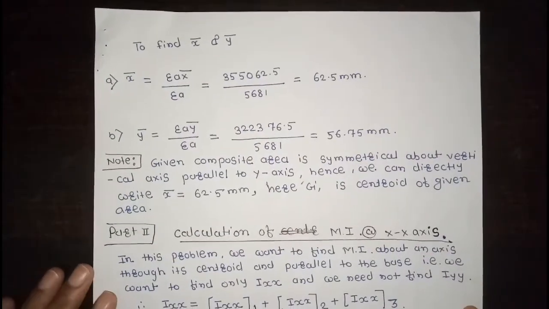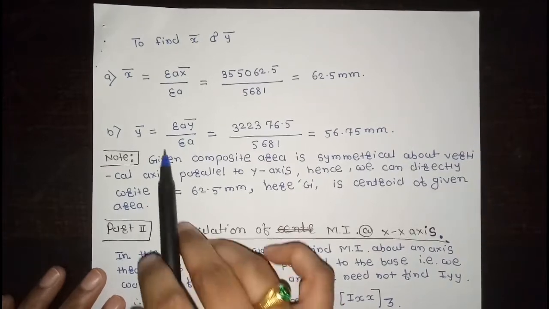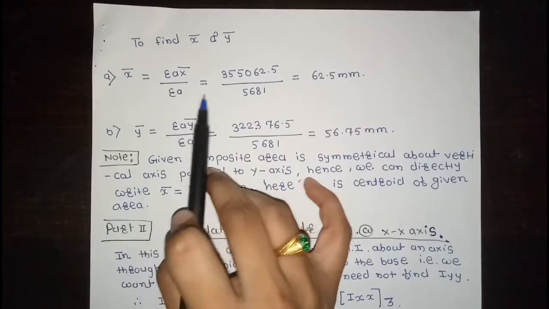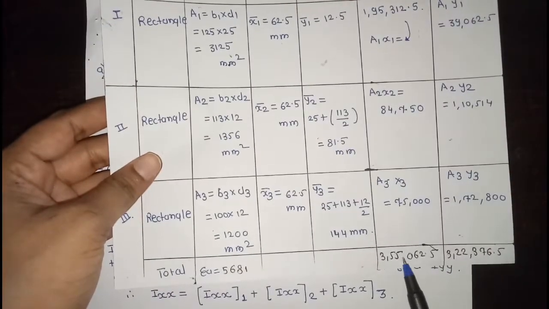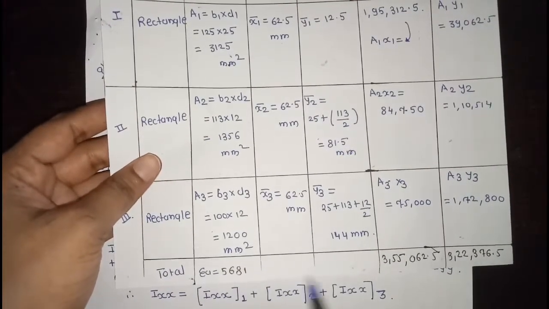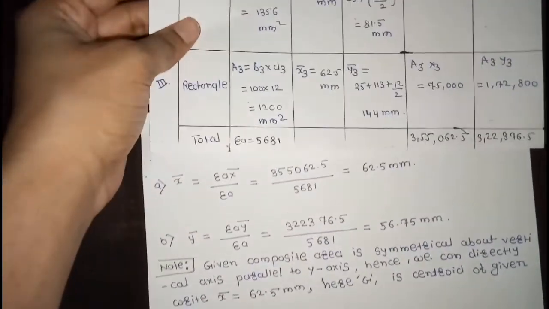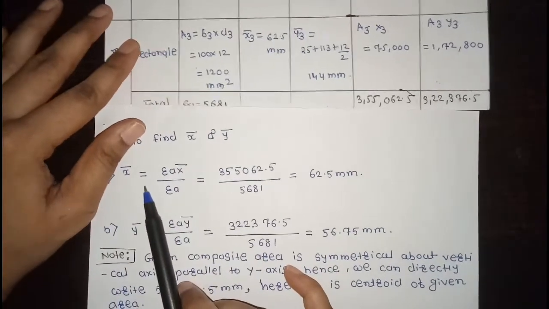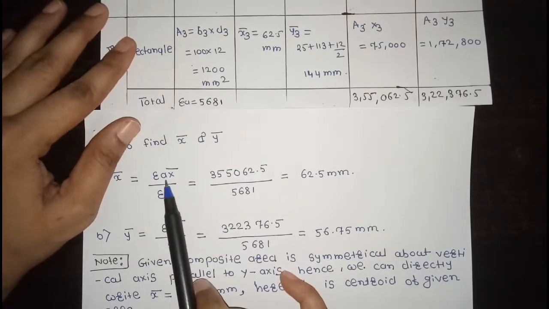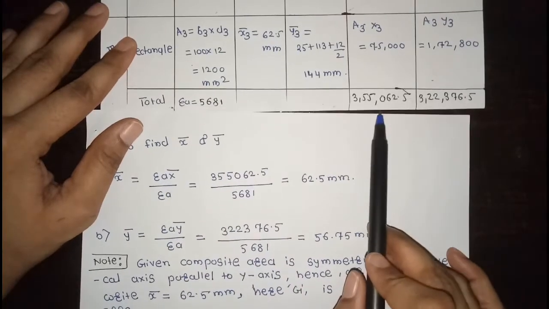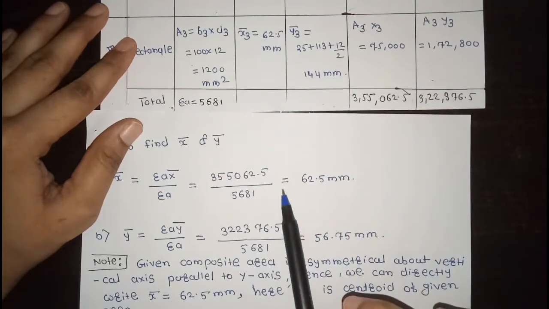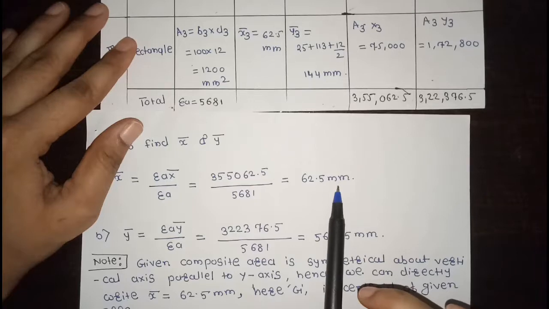To find X bar and Y bar, so X bar is equal to summation of A x bar divided by summation A. See this table, summation of A x bar and summation of A y bar and summation of A. So summation of A x bar, this value write down, then summation A 5681 is equal to 62.5 mm.